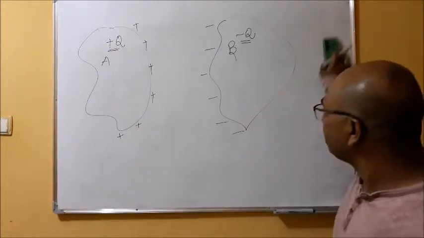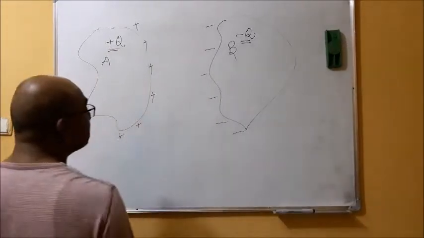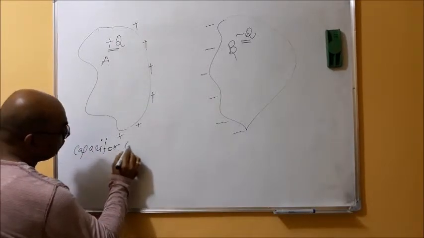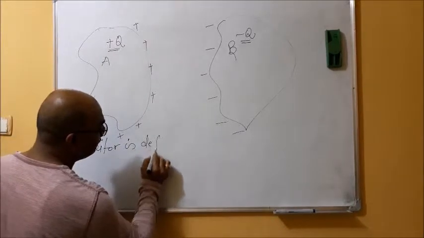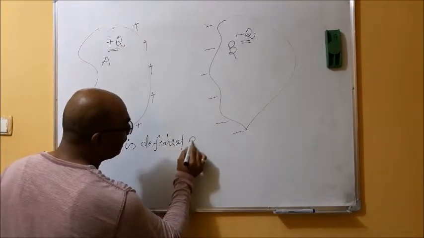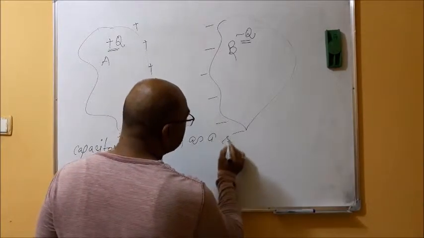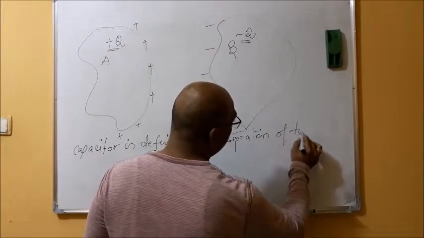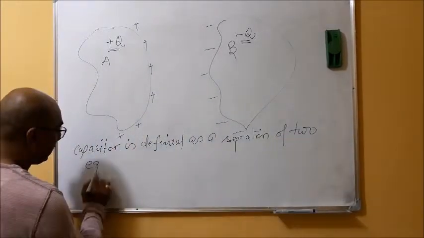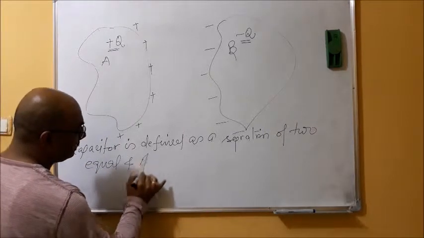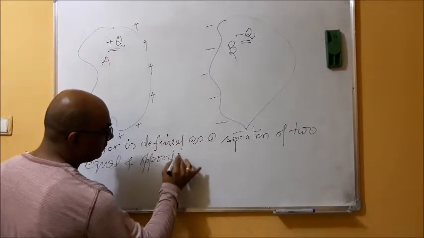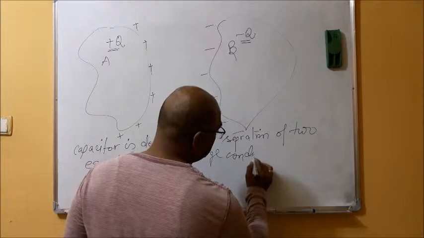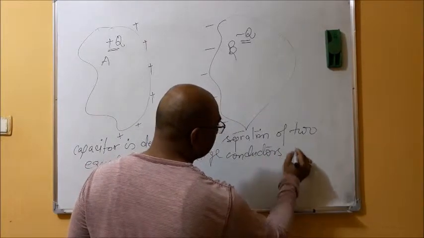Now, let me write its definition first. A capacitor is defined as a separation of two equal and opposite charged conductors.